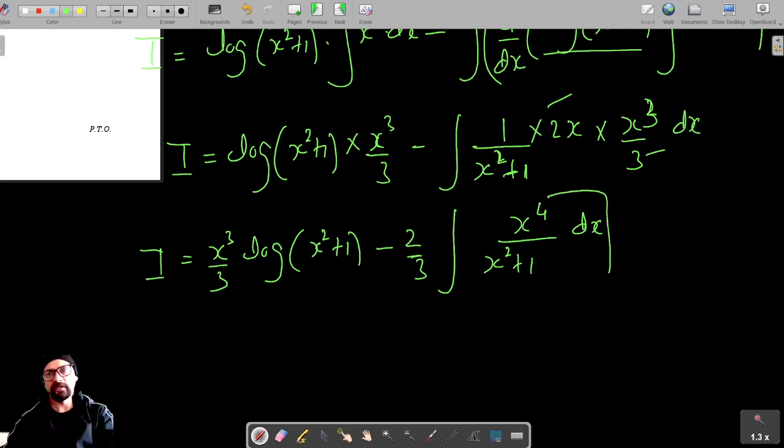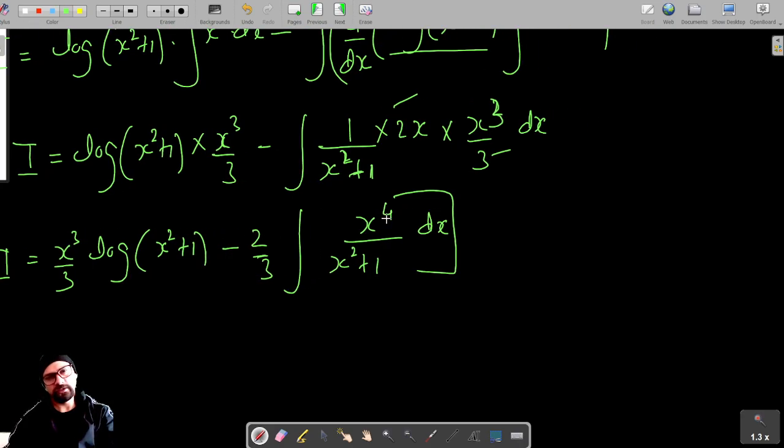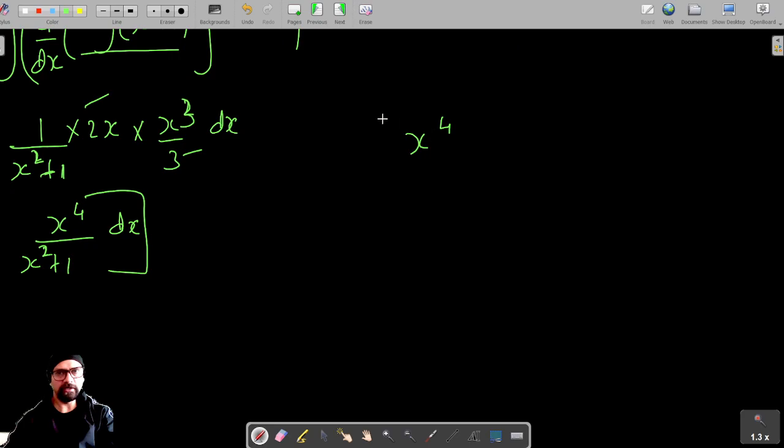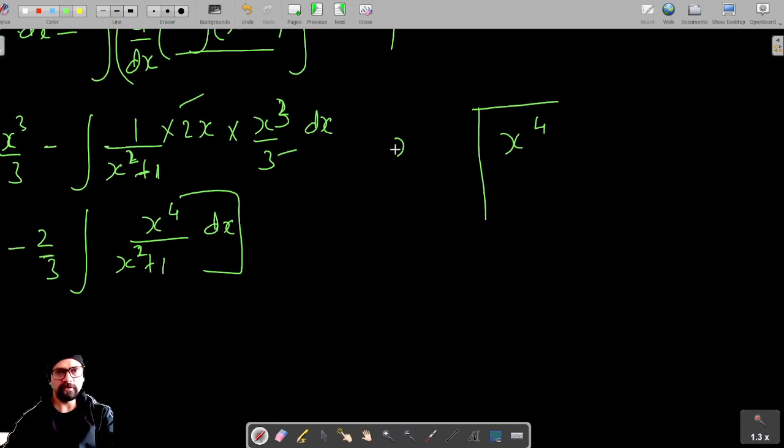Now this is an improper function, where the degree of the numerator, x raised to power 4, is 4 and the denominator has degree 2, so we are going to divide and convert this into the proper form. Let's divide x raised to power 4 by x squared plus 1, so this is x squared, and x raised to power 4 plus x squared, which we subtract, and the x to the 4 gets cancelled, leaving minus x squared.